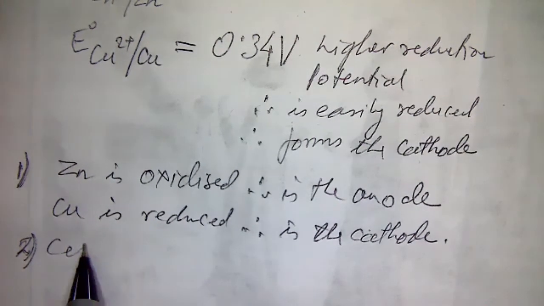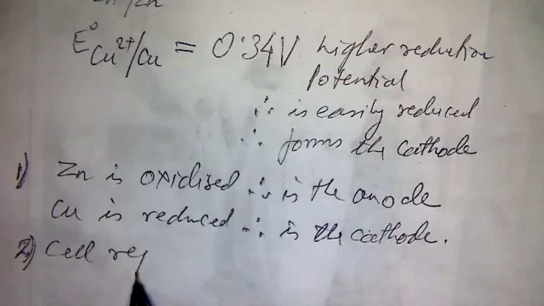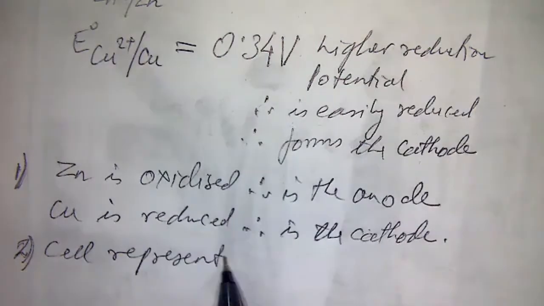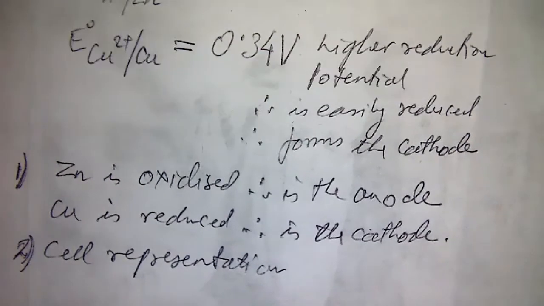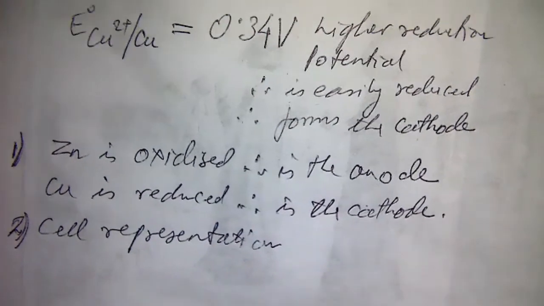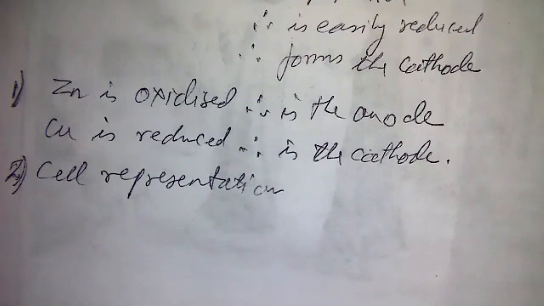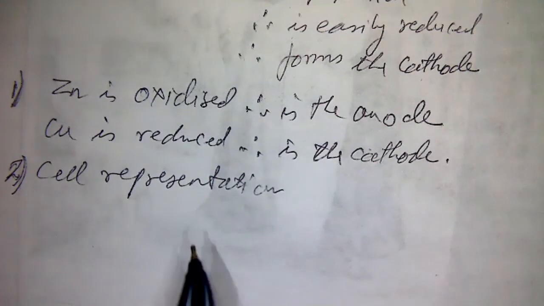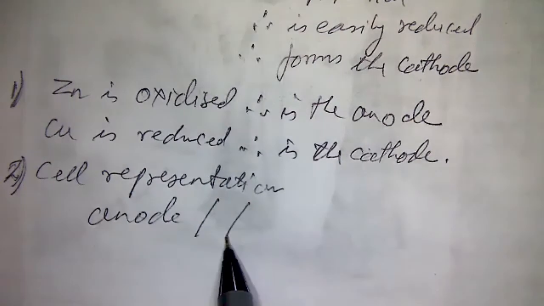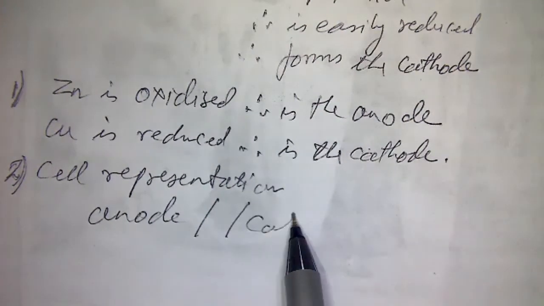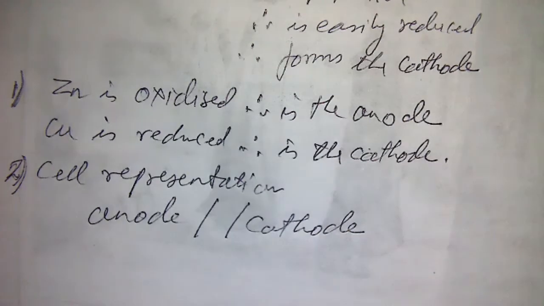Cell representation. Whenever we write the cell representation, first we write the anode, then the salt bridge, and then the cathode.